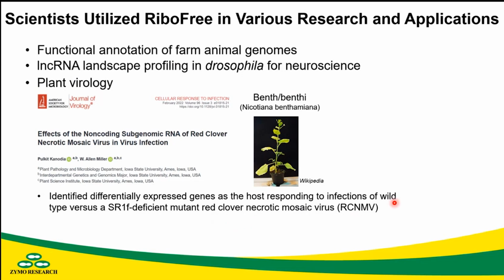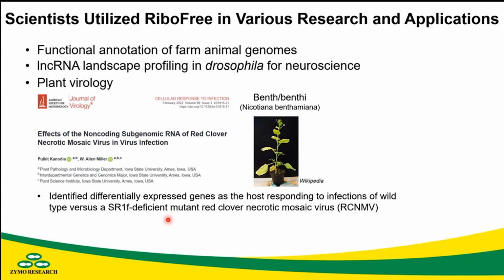One is a wild-type strain, the other is a specific mutated strain. Knowing more about the host mechanism reacting to the virus is always a very good knowledge-gaining step for humans to have a better idea of the diagnosis and prognosis of plants once they get this virus infection.